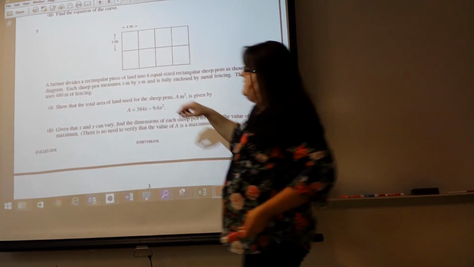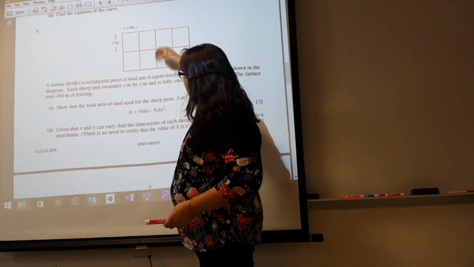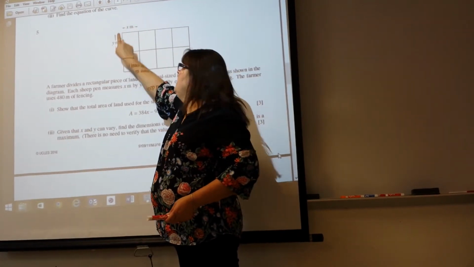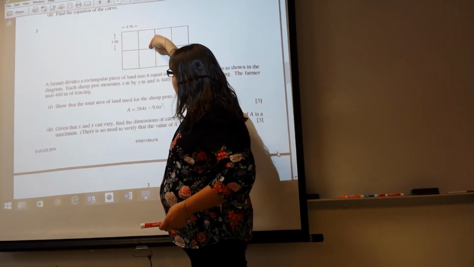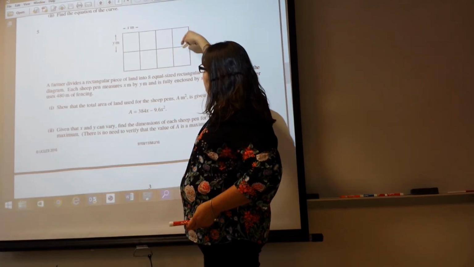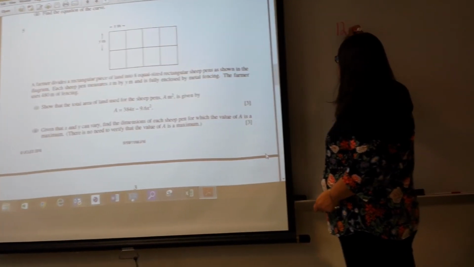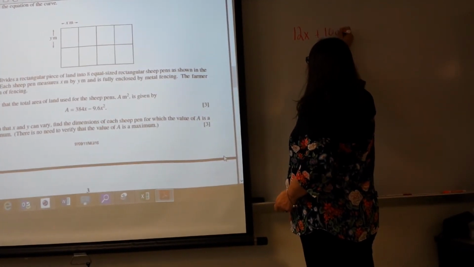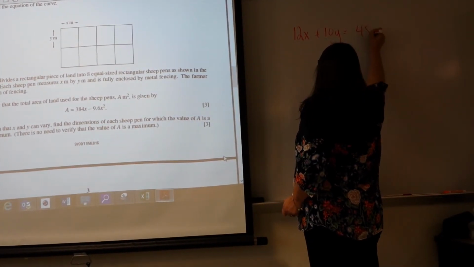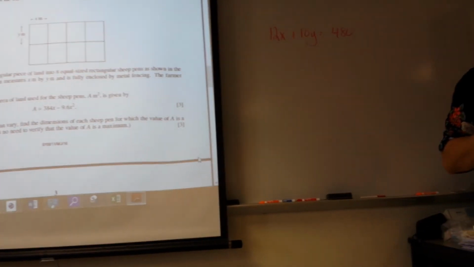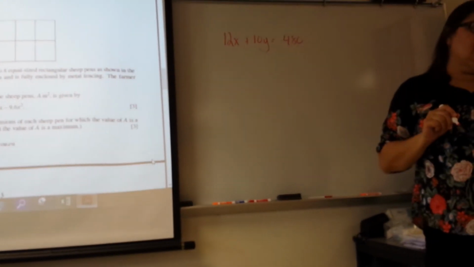There's 1, 2, 3, 4, 5, 6, 7, 8, 9, 10 Ys and 1, 2, 3, 4, 5, 6, 7, 8, 9, 10, 11, 12 X's. So 12x plus 10y equals 480. Agreed? That's the equation that is 100% certain.